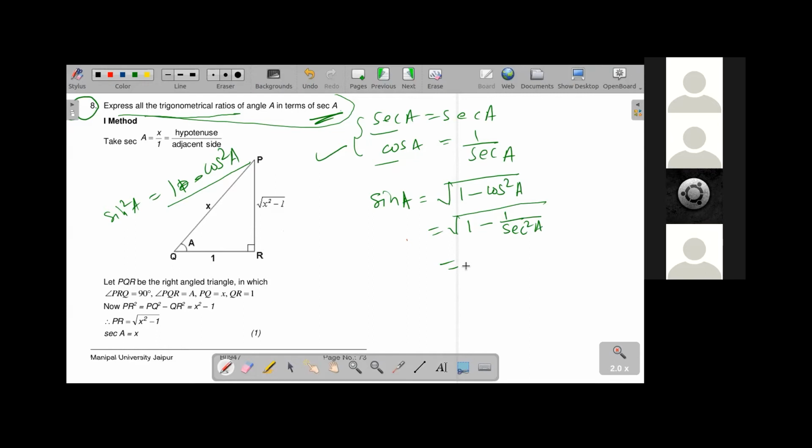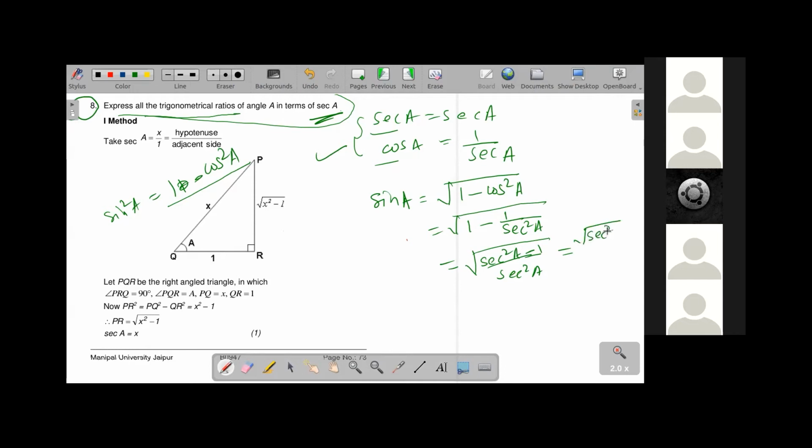Now we can take LCM as sec square, and then this will be sec square A minus 1, and this will be root over sec square A minus 1 divided by sec A. Anyone have doubt?